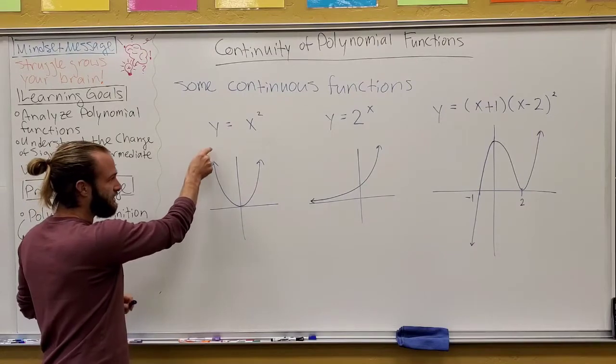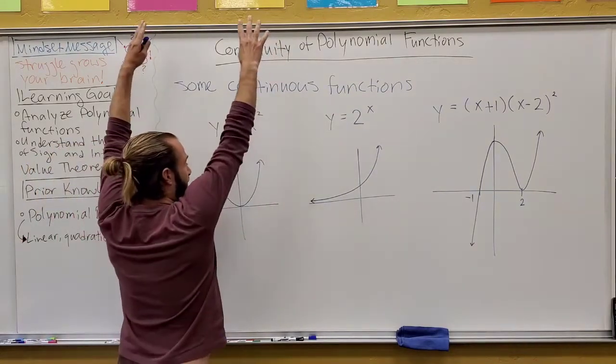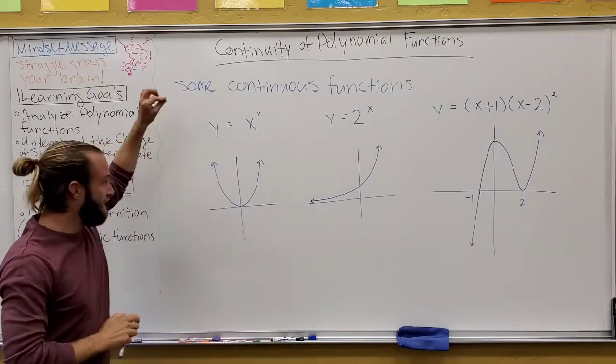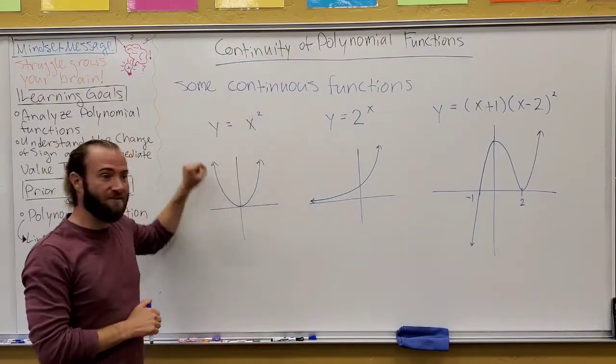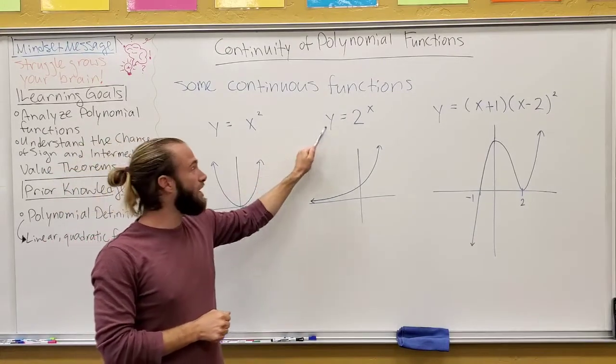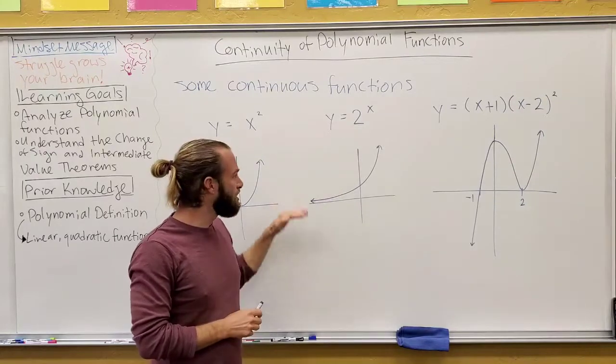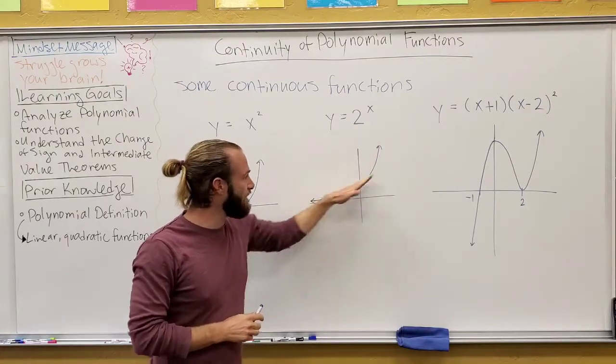You can think this graph just goes forever outwards and up, and it has no issues as you travel along, as far as breaks or anything, right? Another one we're familiar with would be y equals 2 to the power of x, or even other bases besides 2. They all have the same general shape, right?